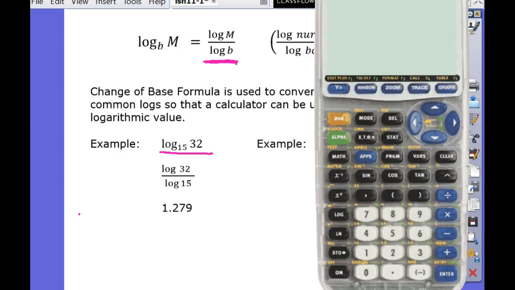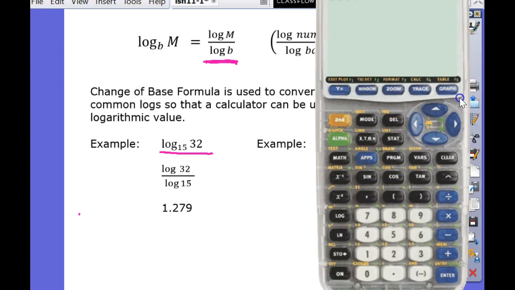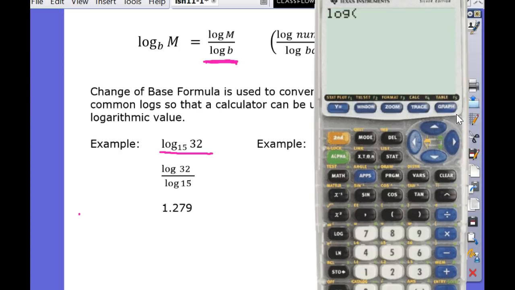So I will put in my calculator, clear this out, log of 32 close parentheses divided by log of 15 close parentheses. If you do not close the parentheses, you do not get the correct answer.